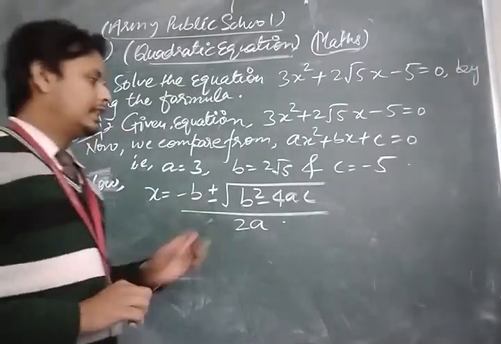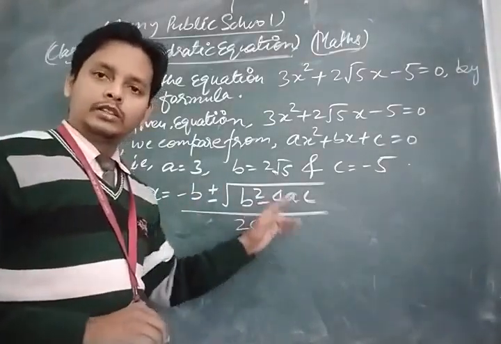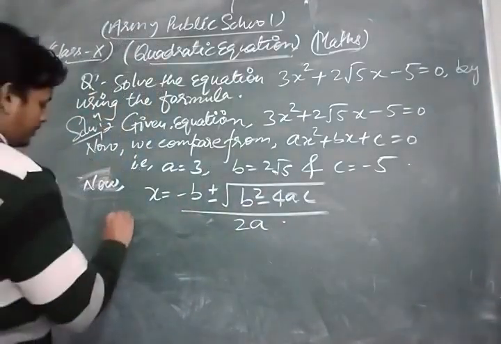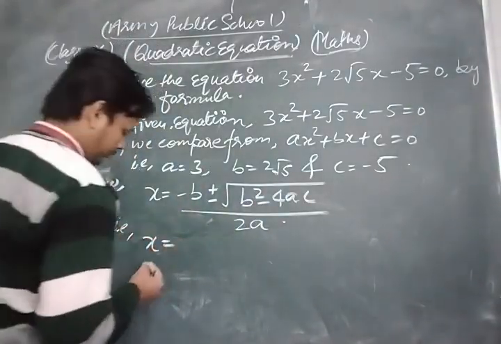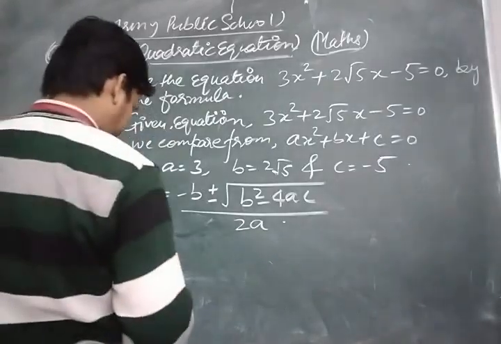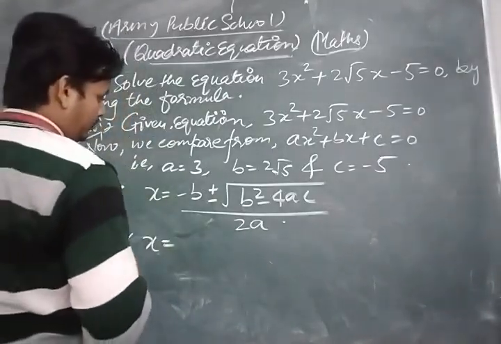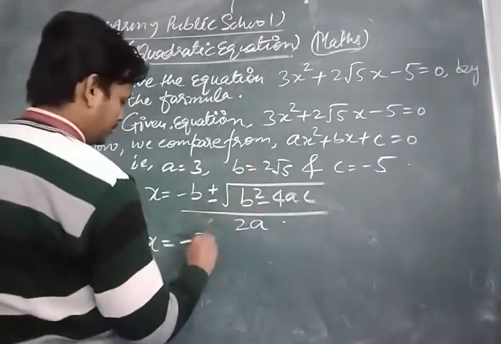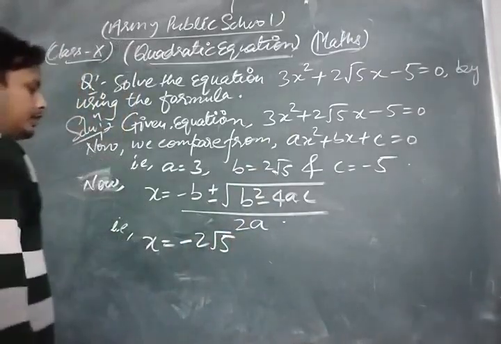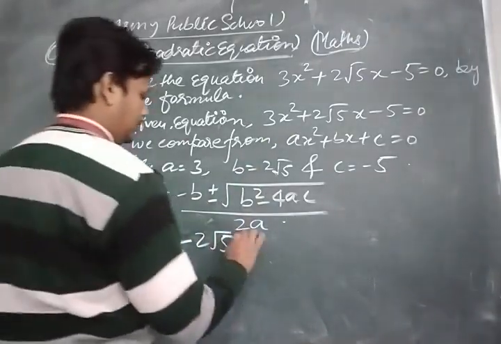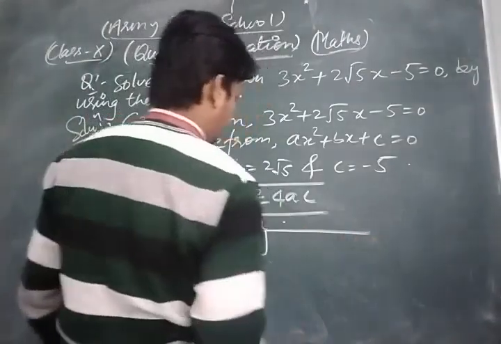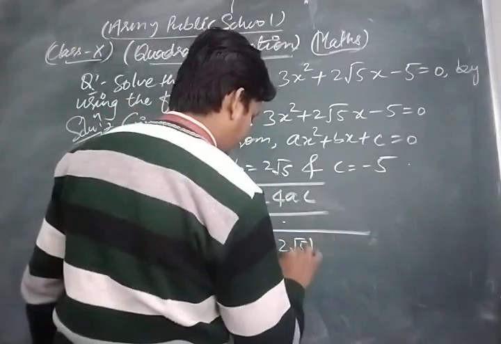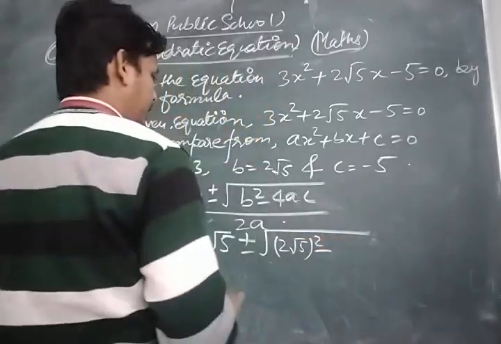Now we put all the values in the given formula. Look. That is x is equal to minus b, that is minus 2 root 5, plus minus under root b square, meaning 2 root 5 square, minus 4ac.